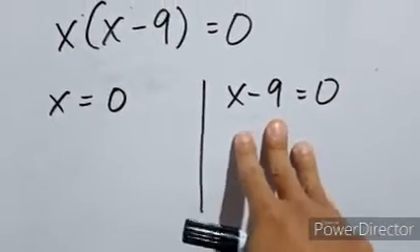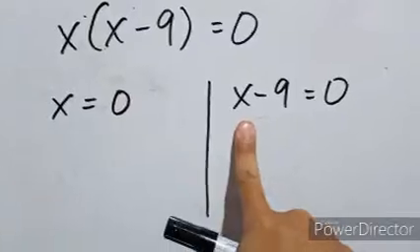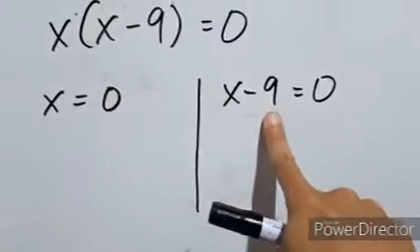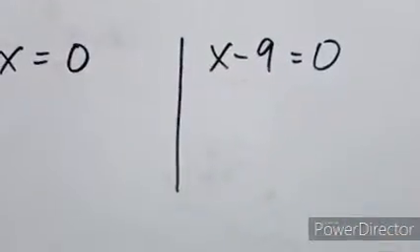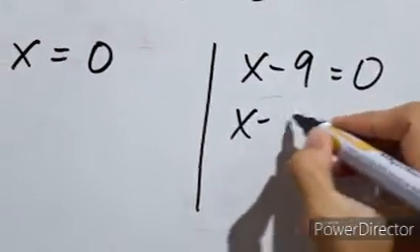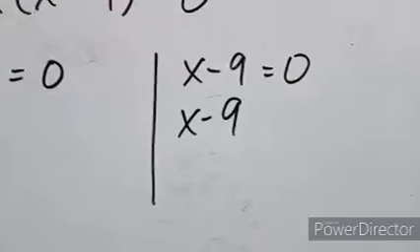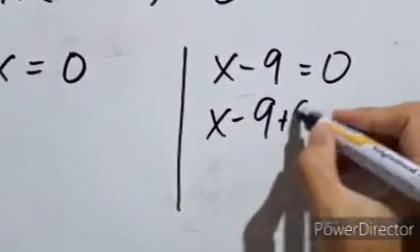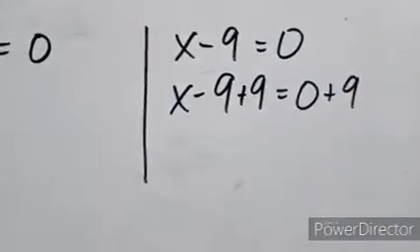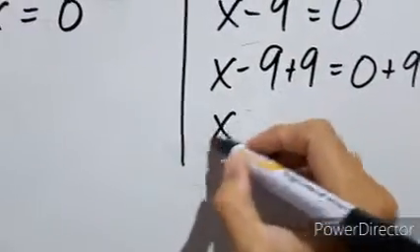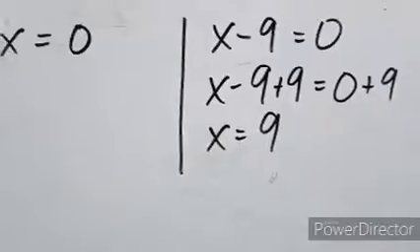So, solve pa natin. Kailangan lang natin ma-isolate yung x. Kailangan natin matanggal ang negative 9 nang walang binabago sa equation. So, x minus 9, gamitin natin yung addition property. Negative 9 plus 9 is equal to 0 plus 9. Simplify natin, x is equal to 9.